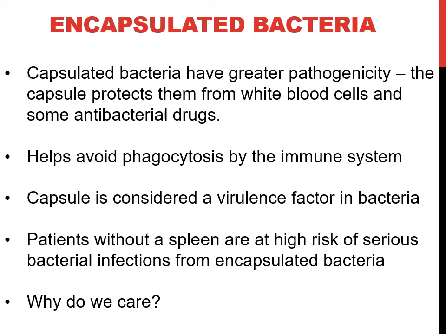That's because the capsule can protect them from white blood cells and also many antibacterial drugs. It also protects the bacteria from the immune system by avoiding phagocytosis, meaning cells of the immune system that try to engulf the bacteria and destroy it. The capsule can prevent that from occurring.